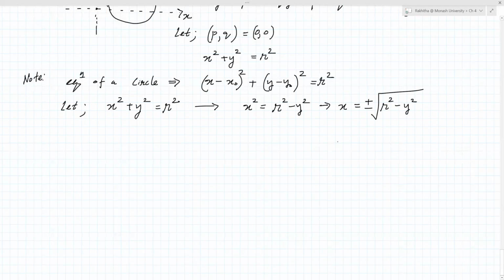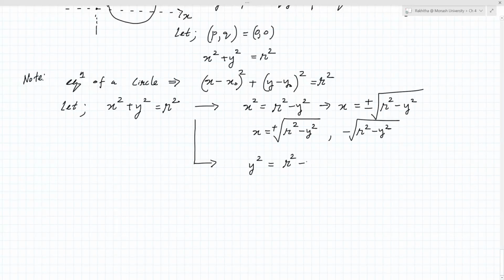So that will tell you there are two equations for x: the square root of r squared minus y squared, positive value, and the square root of r squared minus y squared, negative value. Similarly, you can make y squared the subject, which is r squared minus x squared. From there, you can find y, which is the square root of r squared minus x squared, plus and minus.